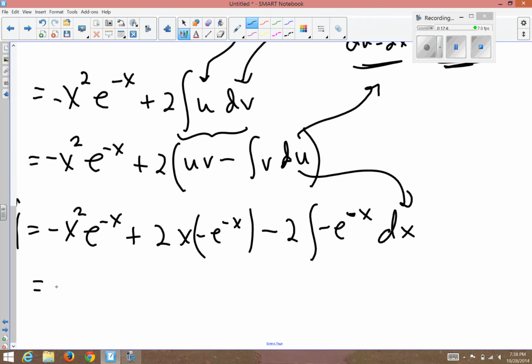So here's what we have. Negative x squared e to the negative x. This multiplication here is a positive times a negative. So it's negative 2x e to the negative x.